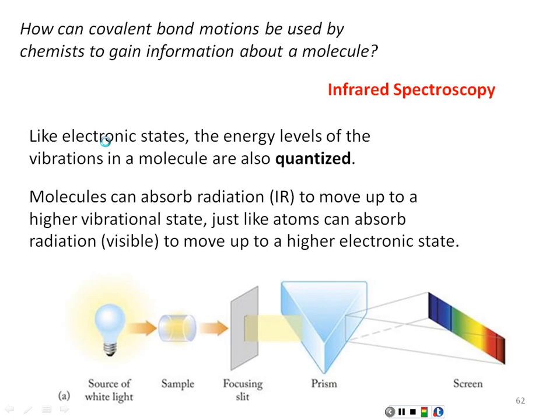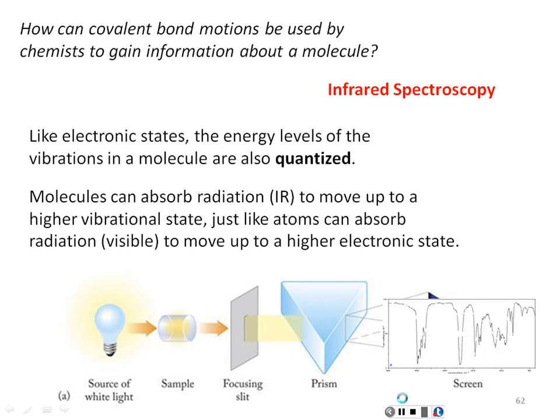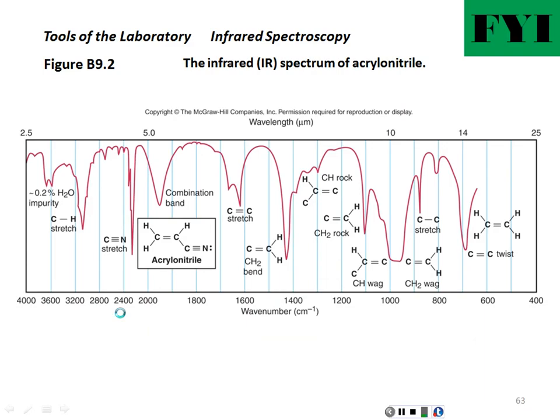And if you remember the picture of absorption spectroscopy, where you have a light source that you shine through your sample. Now, if you use a light source that gives off infrared light, you get what's known as an infrared spectrum. I wouldn't expect you to know this. This is something that you might have to learn in organic chemistry, and definitely in organic chemistry lab.